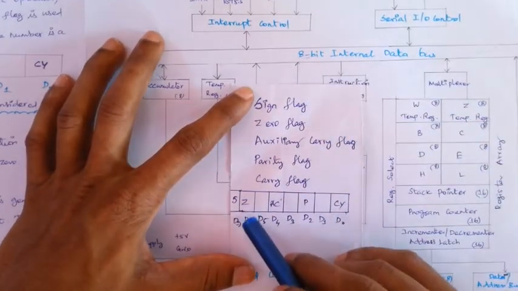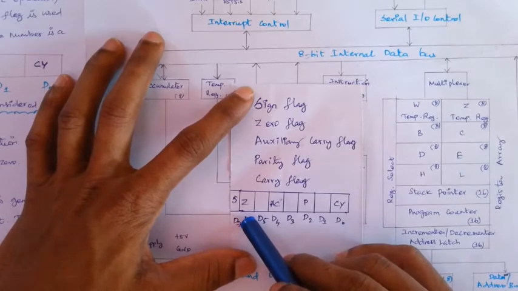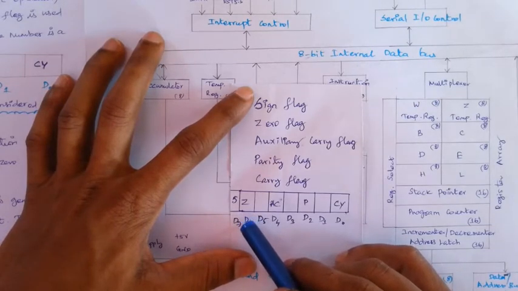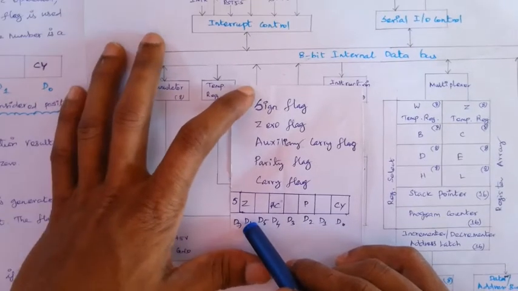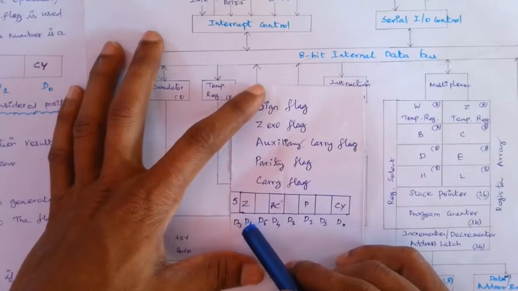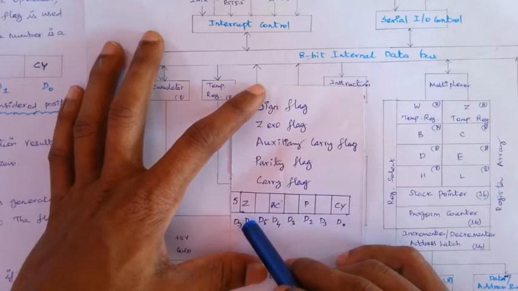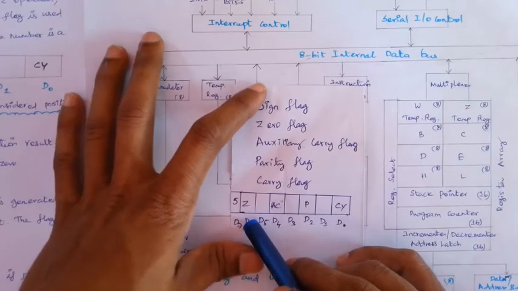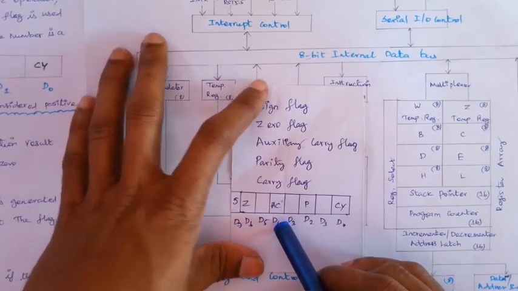Next one is zero flag. The zero flag is set if the arithmetic and logical operation results in 0, and the flag is reset if the result is non-zero. Next one is auxiliary carry flag.